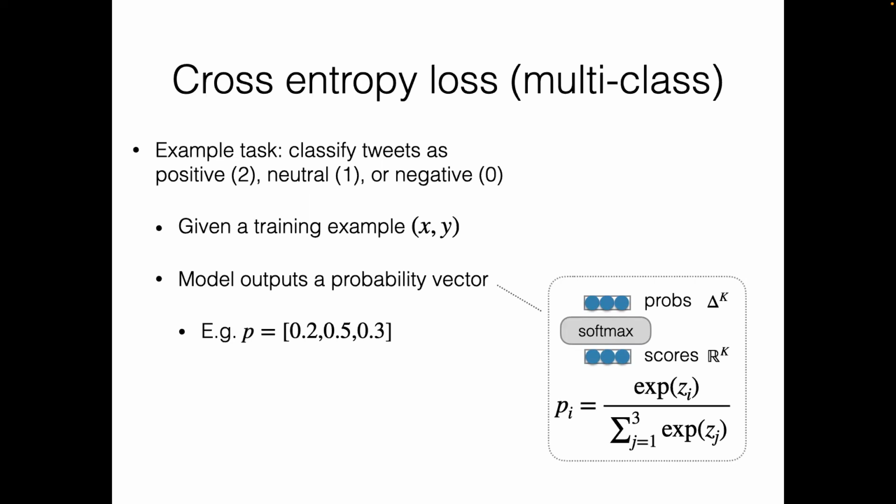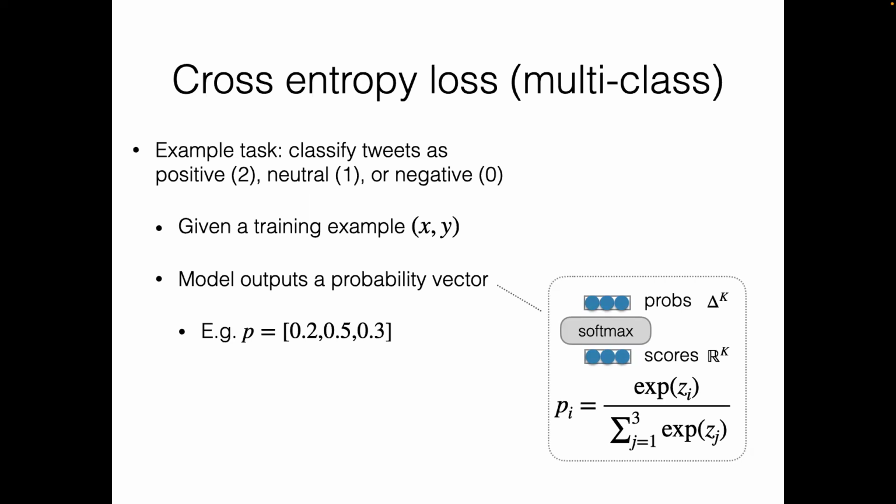We briefly mentioned the softmax in last class. But here it is. One reason to use this is that it results in a vector which is in the probability simplex, so it sums to 1 and everything is non-negative.